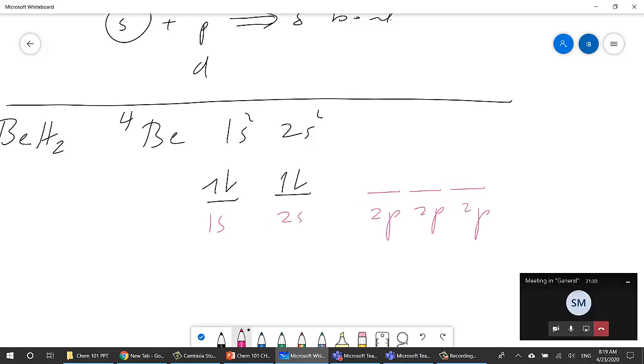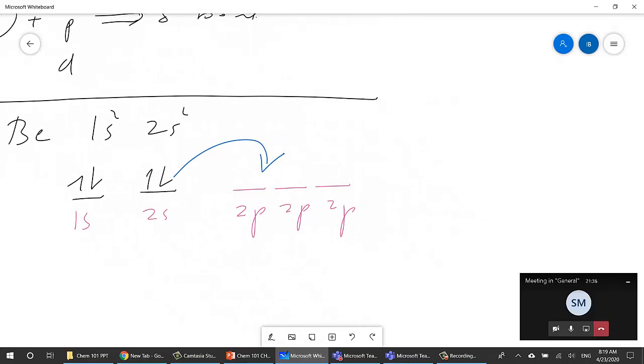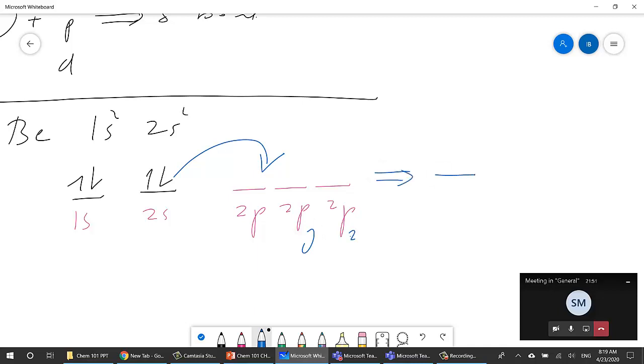2px, 2py, 2pz. So this electron will jump here, leading to hybridization. You're mixing the 2s with one of the p orbitals, and the other two p orbitals will be empty. So you have a situation like this: you have 2 orbitals, each one has 1 electron, and 2py and 2pz are empty and sitting higher in energy.